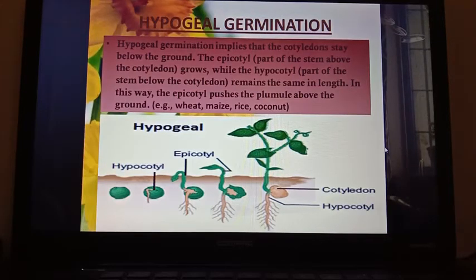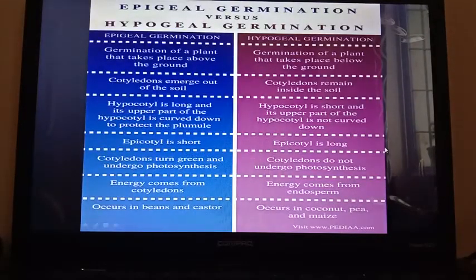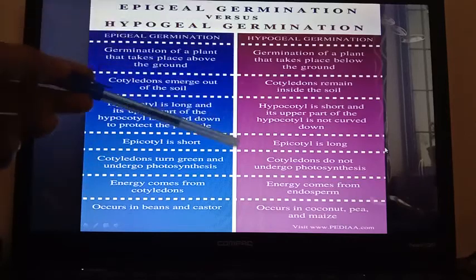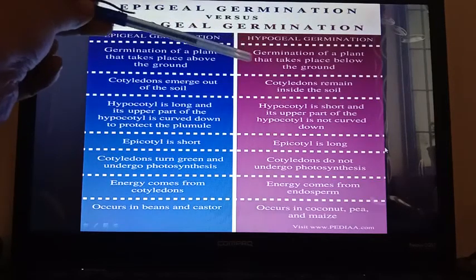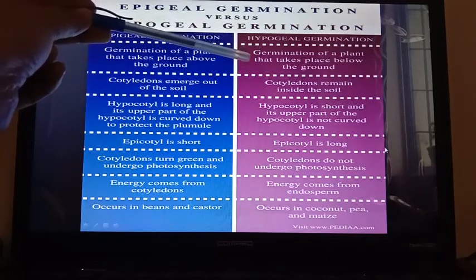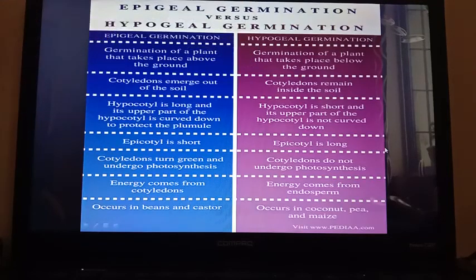So at last today we are going to discuss the difference between the epigeal germination and the hypogeal germination. Already all points I have told you in different ways. You can see here as a difference form. Epigeal germination, hypogeal germination. First point, germination of a plant that takes place above the ground. Obviously epi means up the ground. Hypogeal germination of a plant that takes place below the ground.